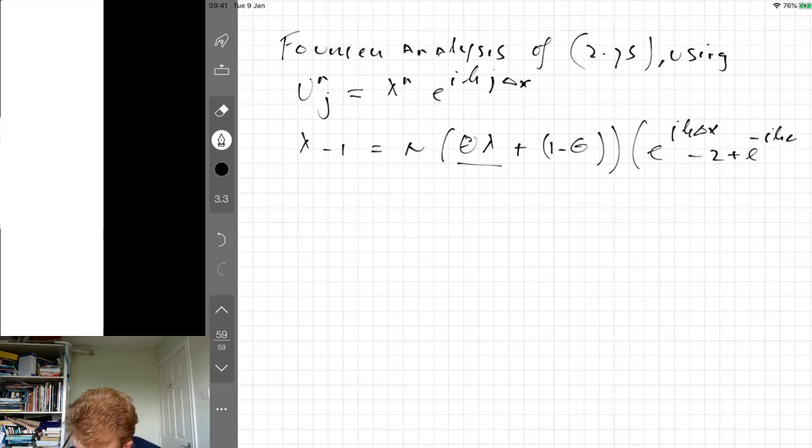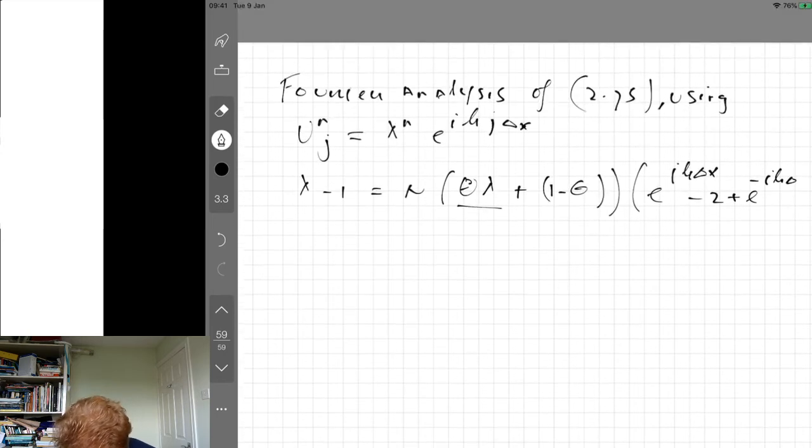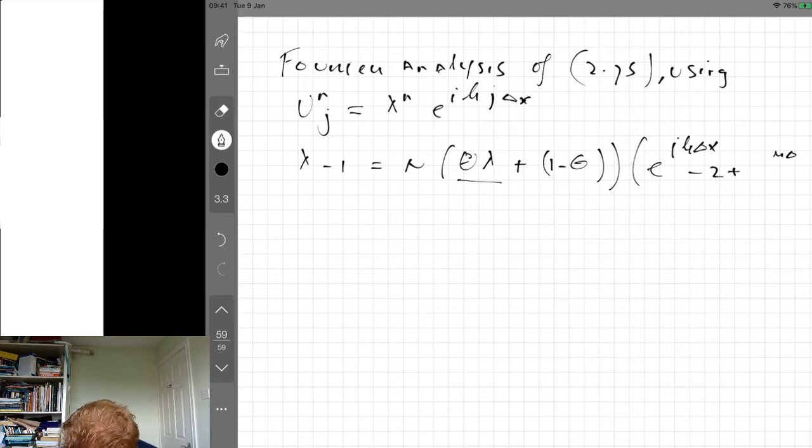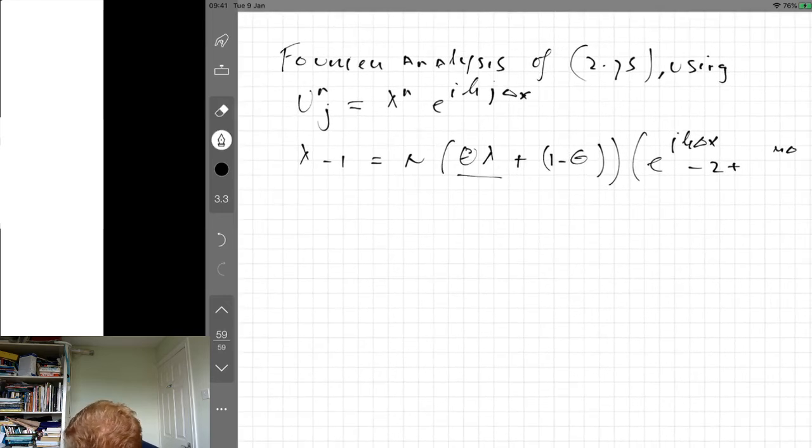We saw that one before in the Fourier analysis of the forward Euler equation.